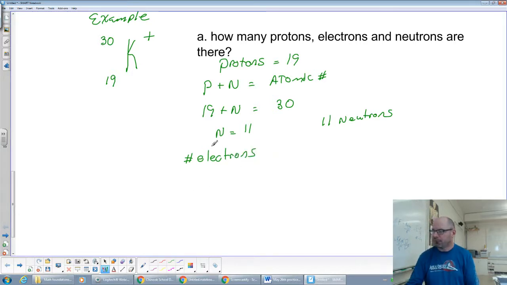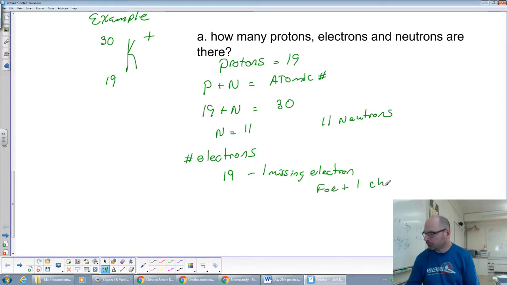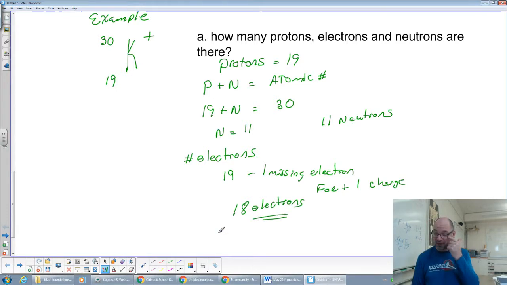We should have 19 in a neutral one, but because we have plus one, there's one missing electron. So in this case, we have 18 electrons. It's going to be the same number as the protons in a normal neutral atom, but this is not neutral. It's charged plus one.